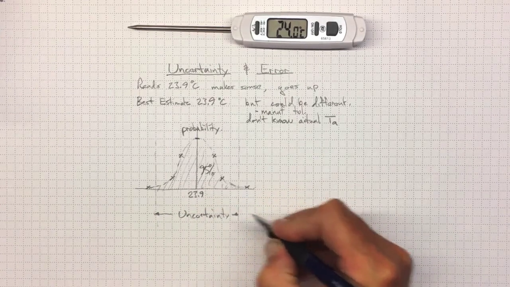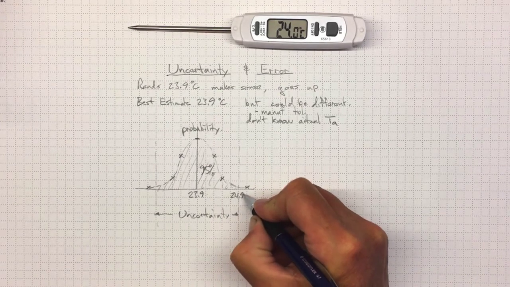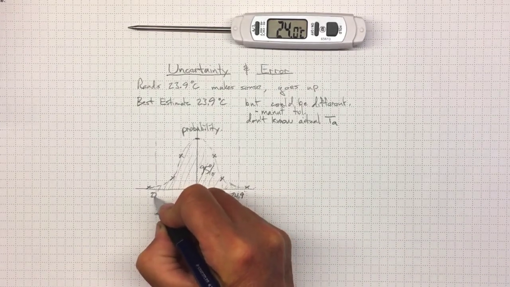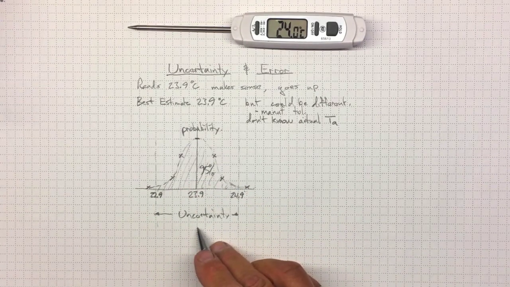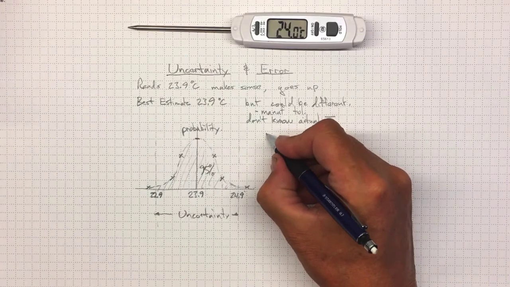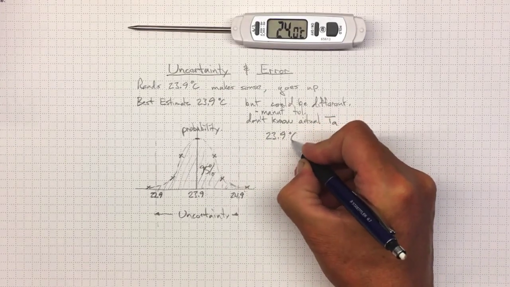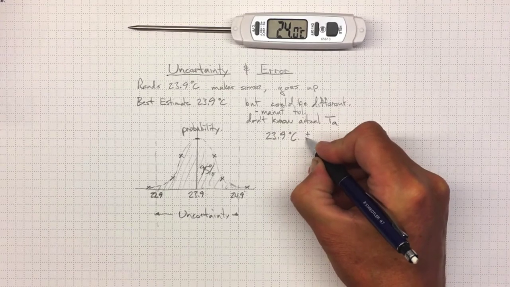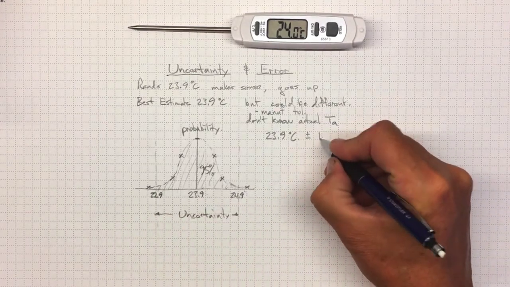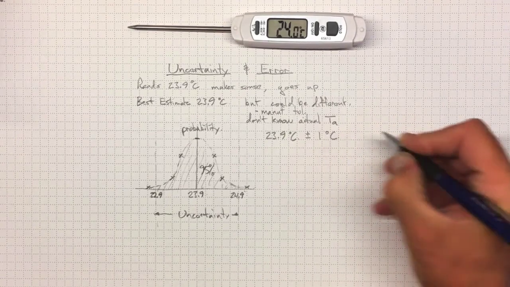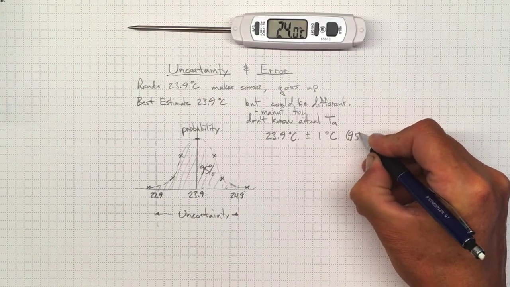So if it turned out that that was about 24.9 and 22.9, then we would say that our temperature was 23.9 degrees Celsius plus or minus 1 degree Celsius with 95% probability.